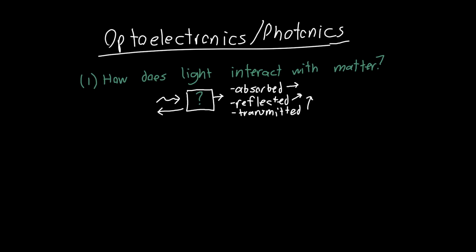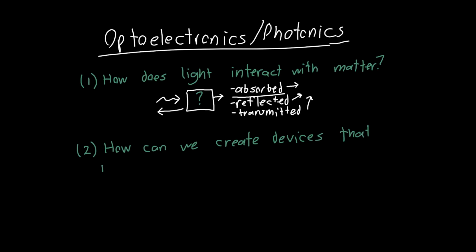And absorption is going to be our primary focus, because this is sort of the core of how optoelectronic devices operate. And once we understand this, we're going to answer the question that engineers are generally more interested in, which is, how can we create devices that manipulate light?